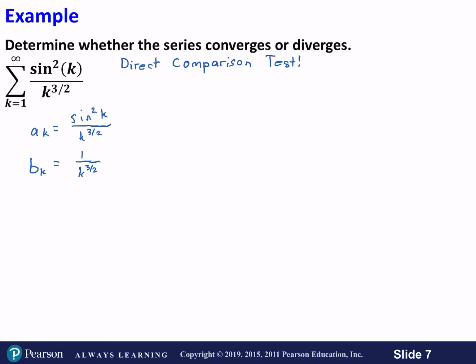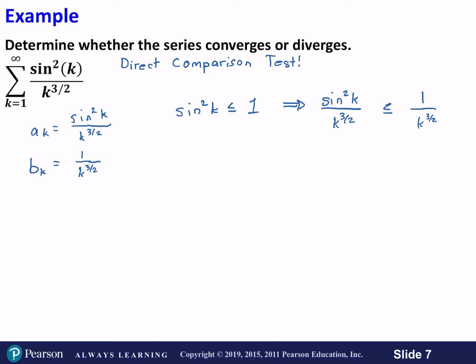And when it comes to the direct comparison test, it actually works out pretty well. Specifically, we know that sine squared of k is less than or equal to 1 for all values of k, right? And so that implies that sine squared of k over k to the 3 halves is less than or equal to 1 over k to the 3 halves.